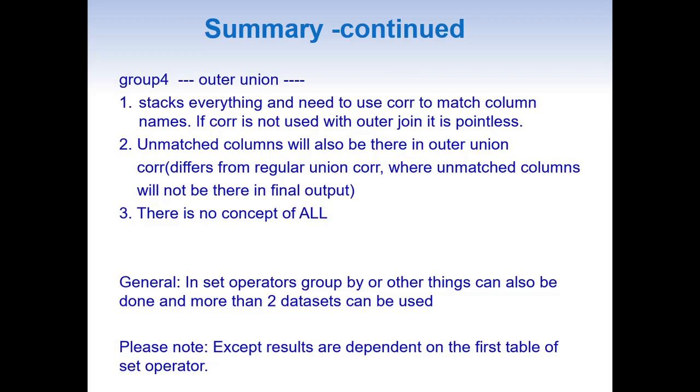Also, I have shown you set operators with only 2 data sets, but more than 2 data sets can be used in set operators. I have shown only 2 data sets to keep the whole topic a little simpler so that it is easy to understand. Another important point to note here is that except results are dependent on the first table of the set operator. That's all for this topic.